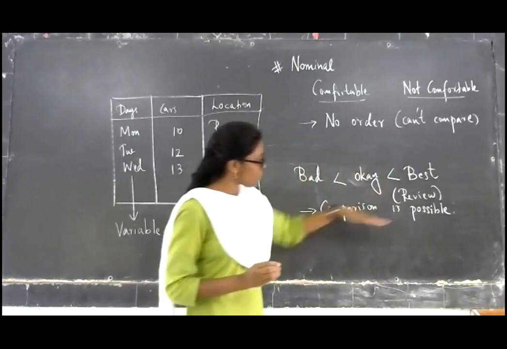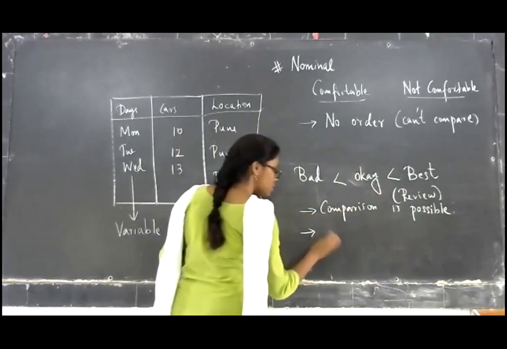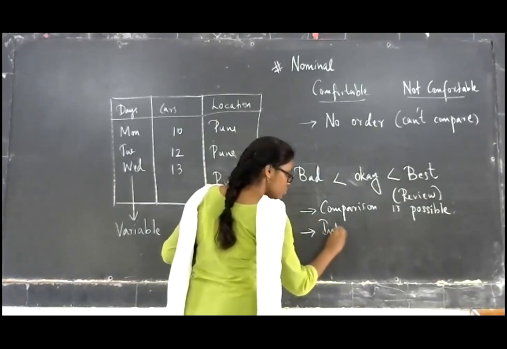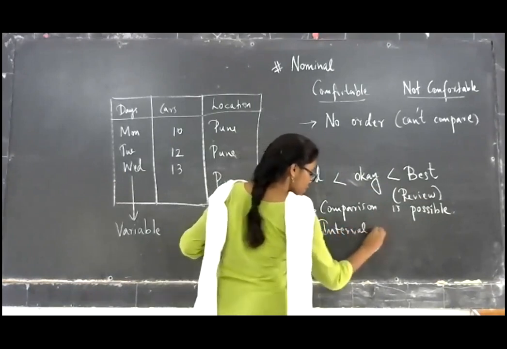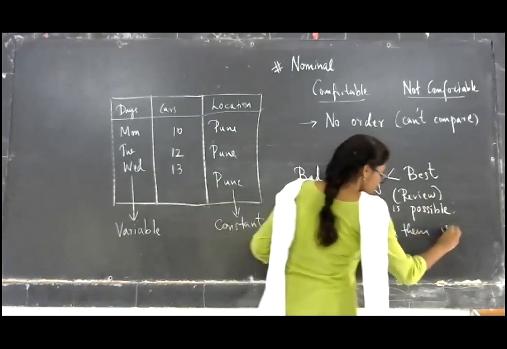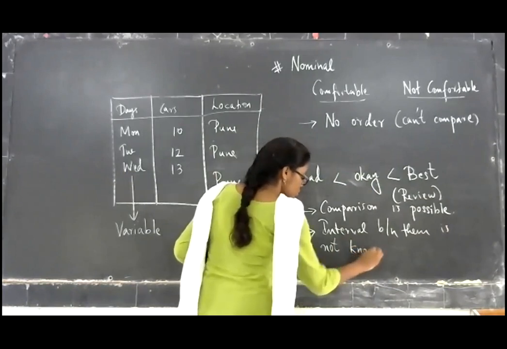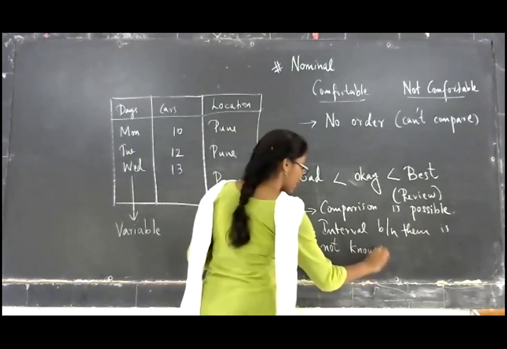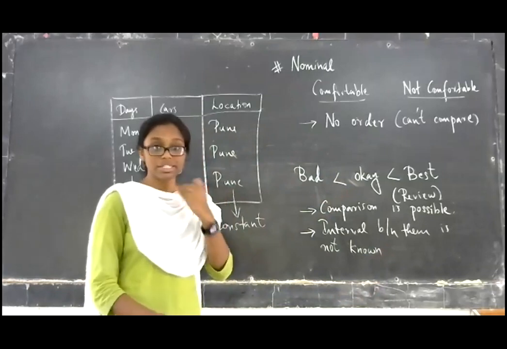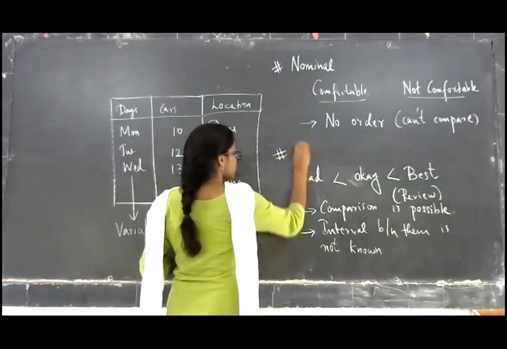So this kind of thing, where you can compare but can't say what the interval is, where the interval between them is not known, is called ordinal.